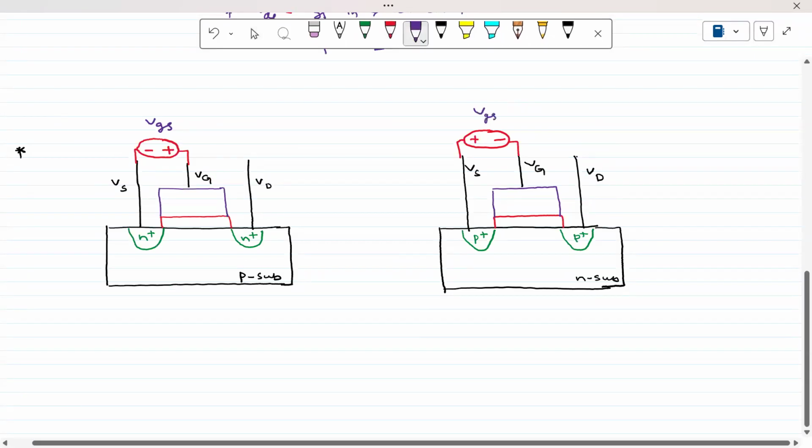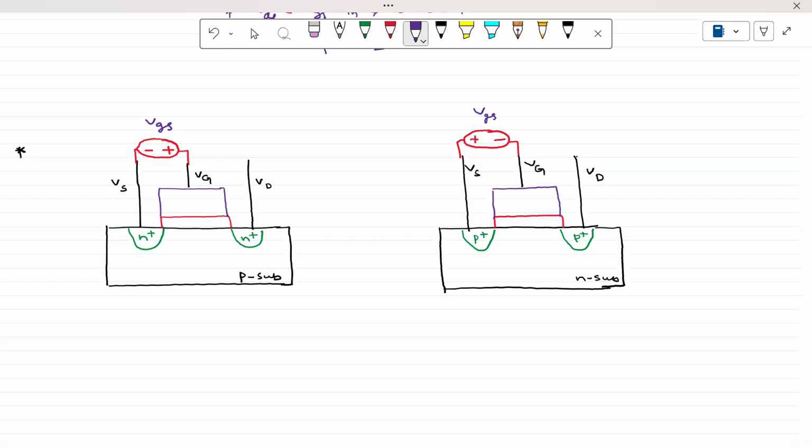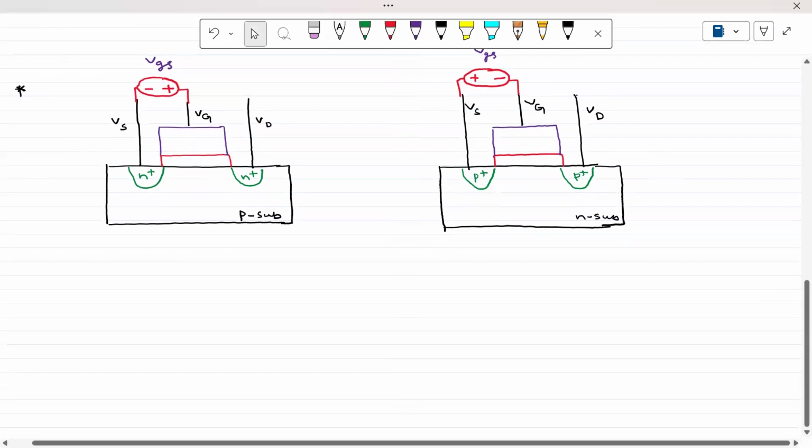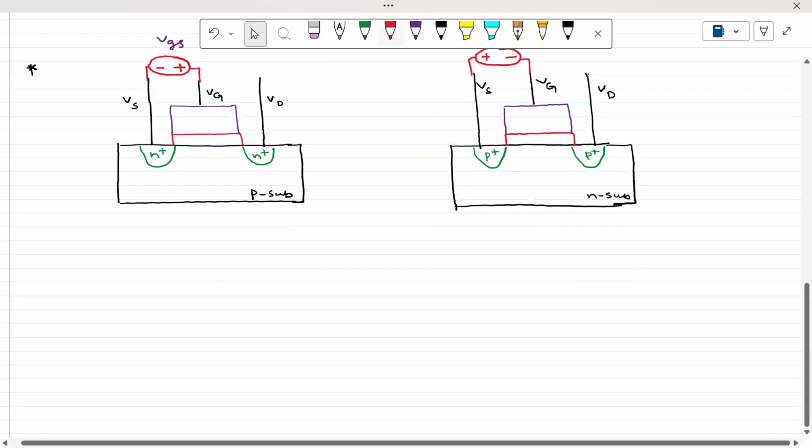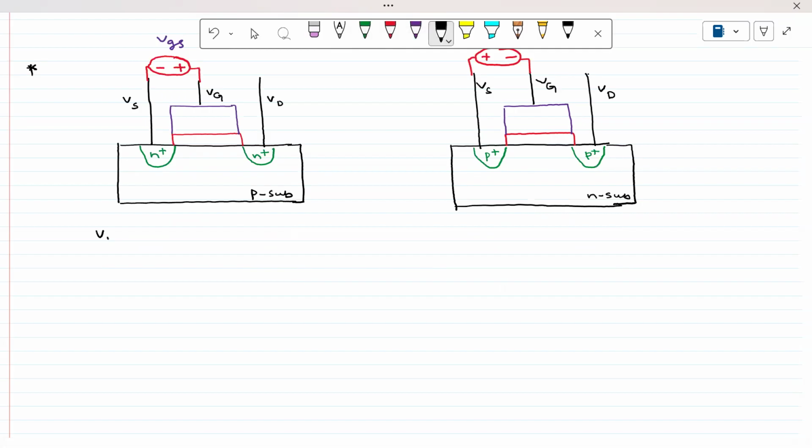Look at the point here. Assume the threshold voltage of an NMOS transistor is plus 1 volt. Assume the threshold voltage of a PMOS transistor is minus 1 volt.